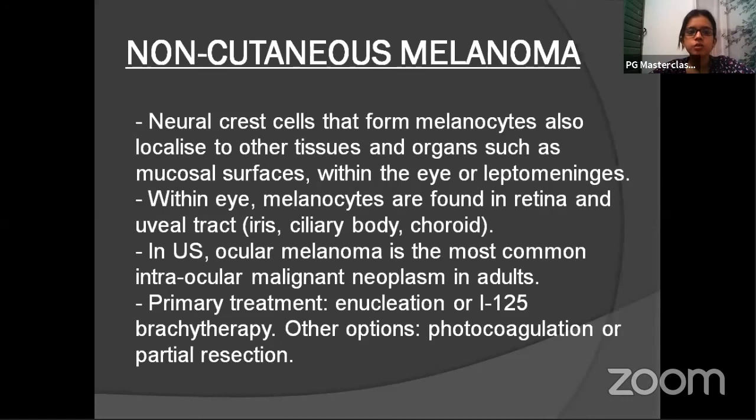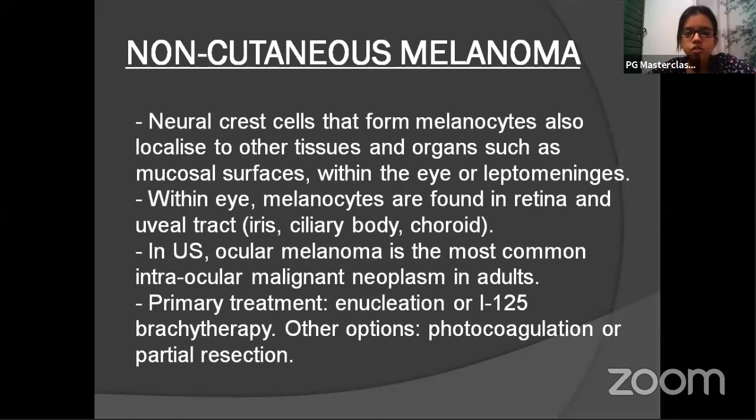A few words about non-cutaneous and ocular melanoma. The neural crest cells that form melanocytes also localize to other tissues and organs, such as mucosal surfaces, the eye, or the leptomeninges. Within the eye, melanocytes are found in the retina and the uveal tract, which includes the iris, ciliary body, and choroid.